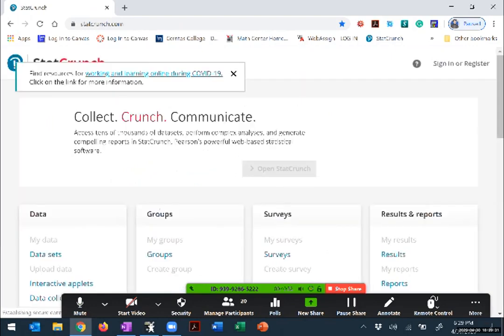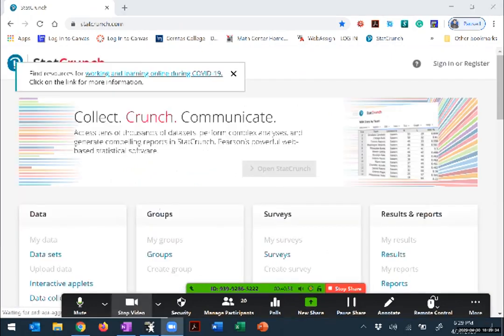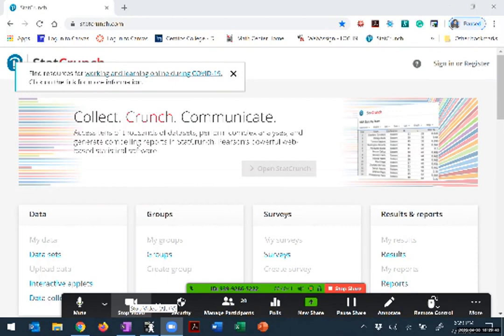So let's see how we do a 2-sample T interval in StatCrunch. Okay, this is taking forever to load. It always does.